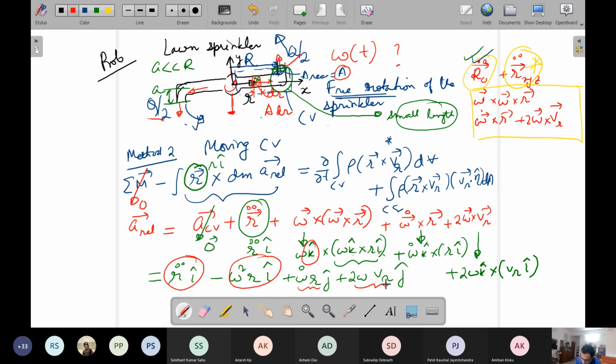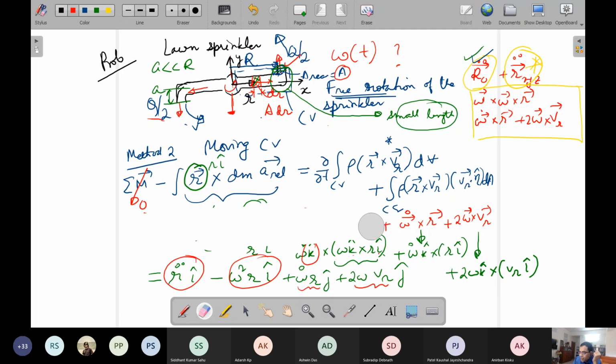So now if you include those two terms with R cross dm, let me just clean up some space where we will put up this term, because this is a very important term, that is the correction term because of the acceleration of the control volume. So this will simply be minus as it is, that minus outside.